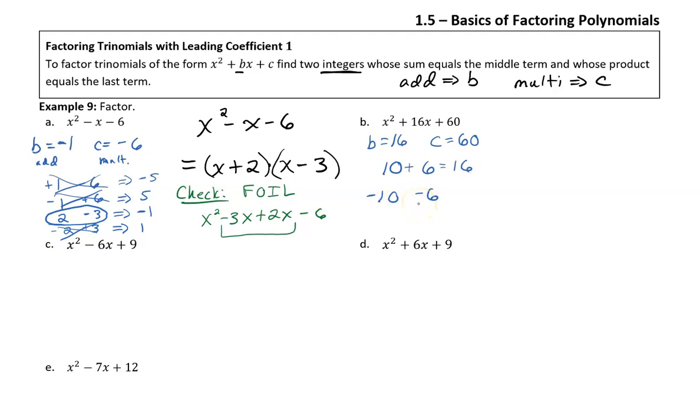Would my other values work as well? Let's check. So negative 10 plus negative 6, well, that gives me a 16, but it's negative. So while I have the right value, the sign is different. So it looks like the values that I'm going to use in my factorization are 10 and 6.